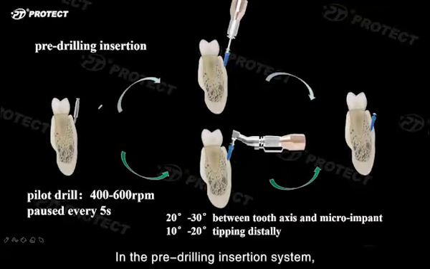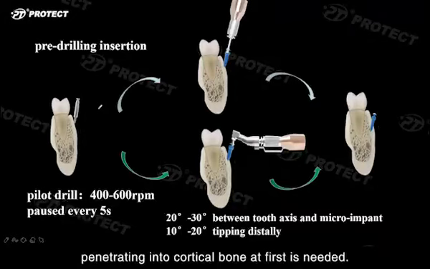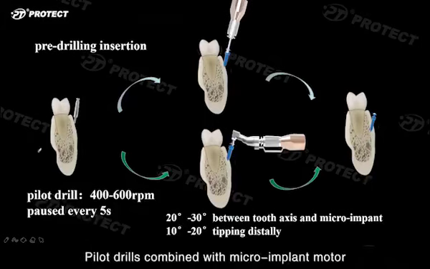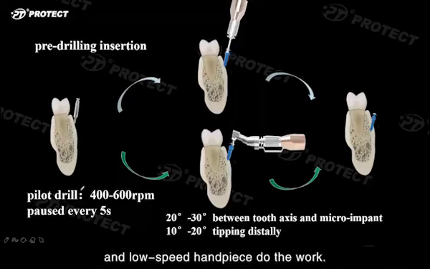In the pre-drilling insertion system, penetrating into the cortical bone at first is needed, with a pilot drill combined with a micro-implant motor and low-speed handpiece.